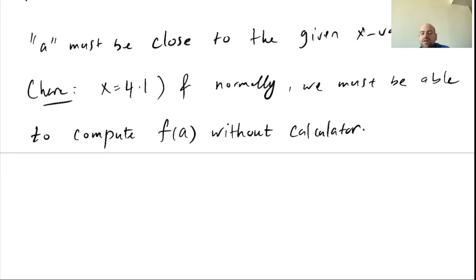So we have to choose a number which is close to 4.1, and f of that number you can normally compute without a calculator.